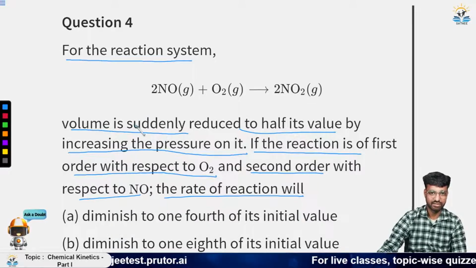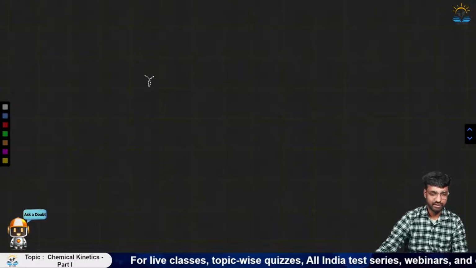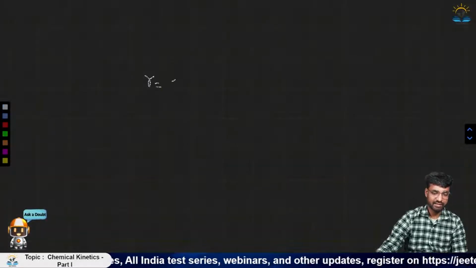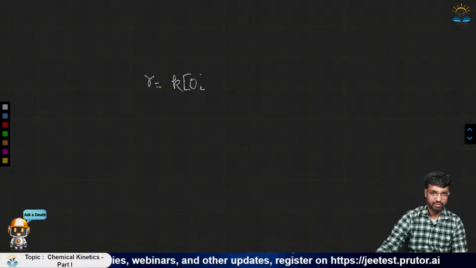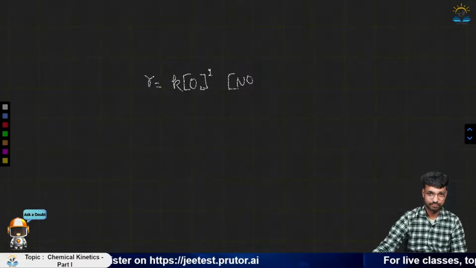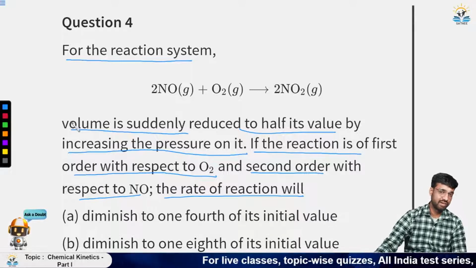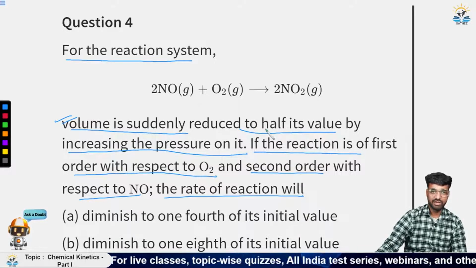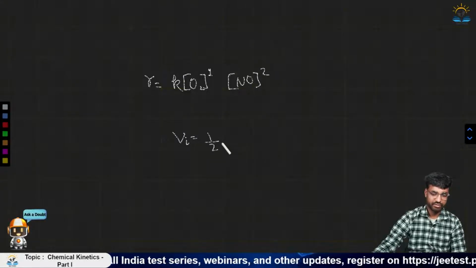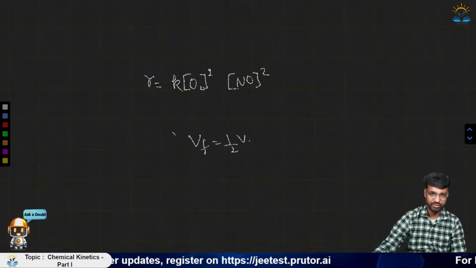If we write the rate law according to this statement, it is first order with respect to O2 and second order with respect to NO. The volume is suddenly reduced to its half, so the final volume is 1 by 2 of the initial volume.